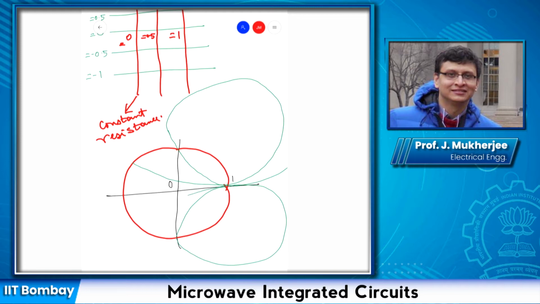Excuse my handwriting, but these green and red lines both are supposed to be circles.